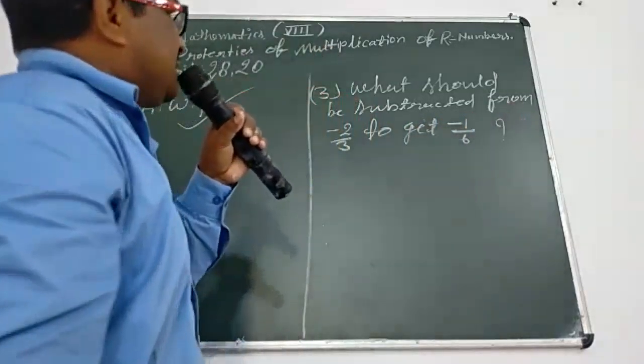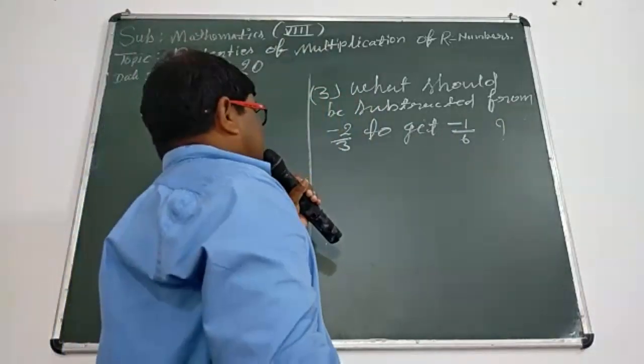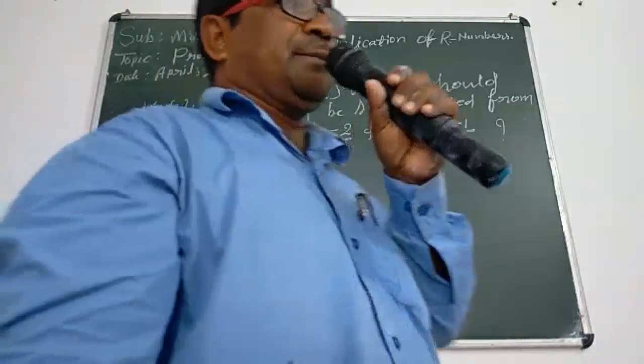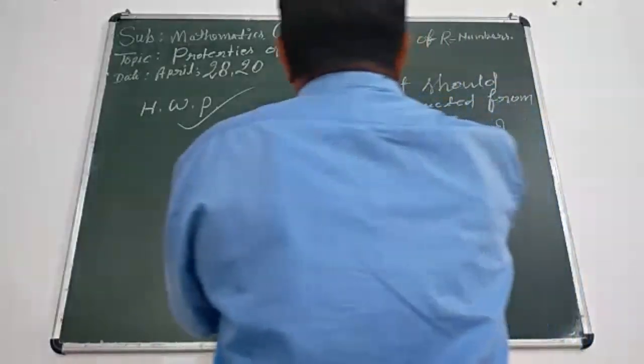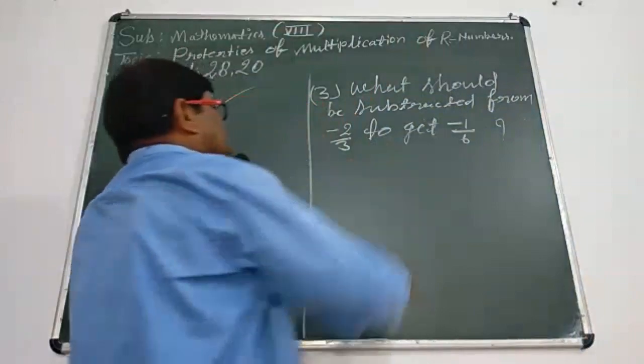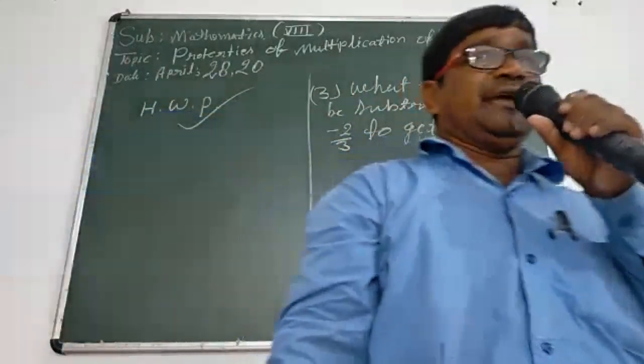What should be subtracted from minus 2 upon 3 to get minus 1 upon 3?